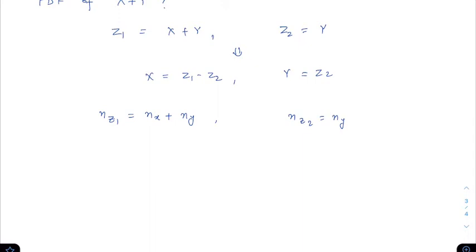So the new PDF, in terms of the new variables, let's say we denote it by g, z1, z2, is simply f of z1 minus z2, comma z2.